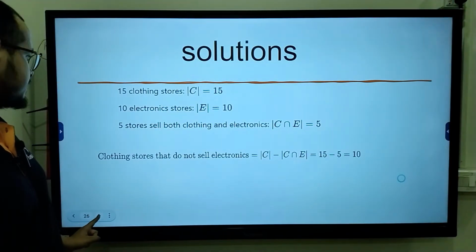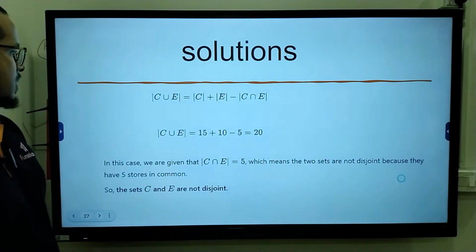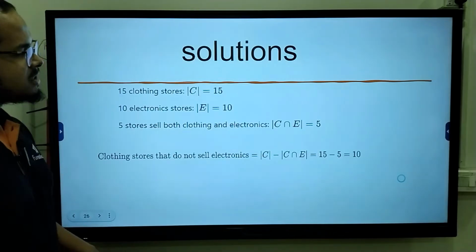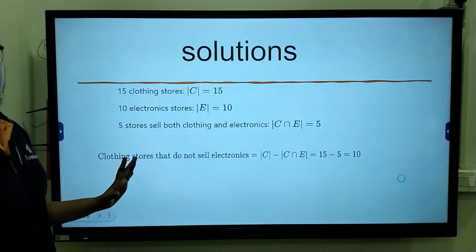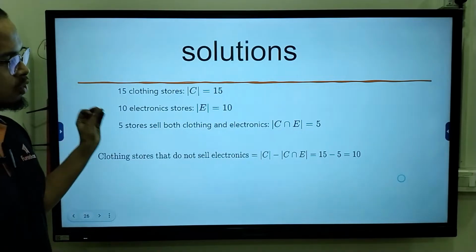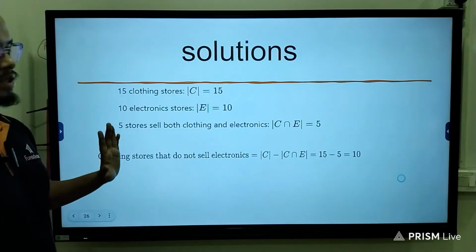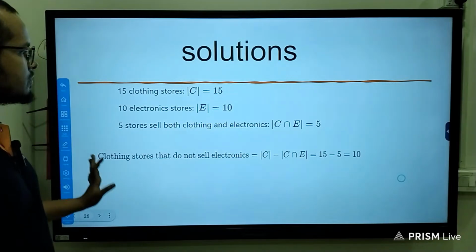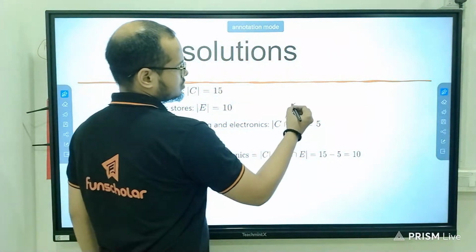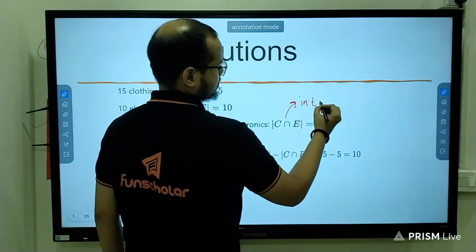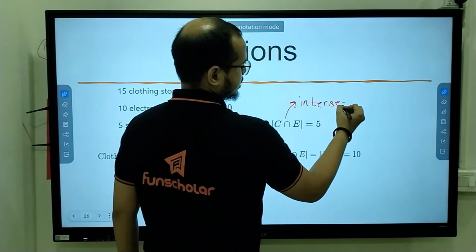See, this Venn diagram is the best way possible to do these sums. No formula, nothing to memorize. We just have to understand. But still, if you want to know the formulas, this is known as intersection.